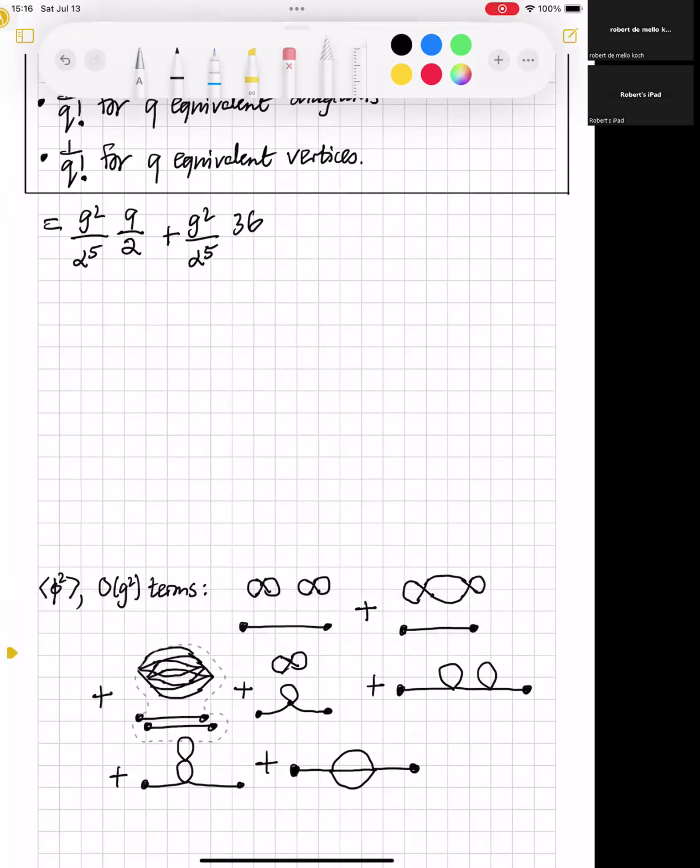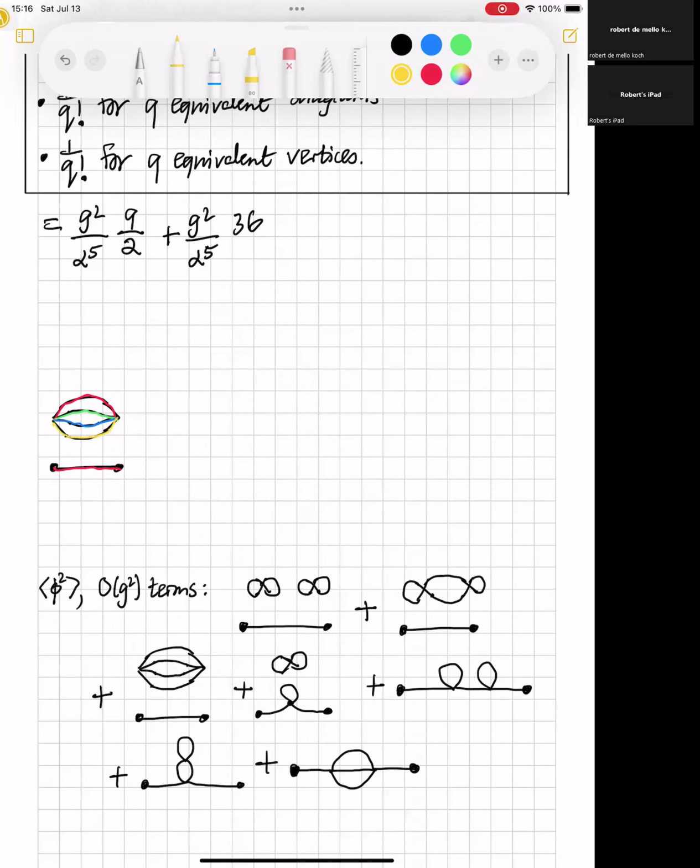Okay, good. Okay, so let's see what this is equal to. So first of all, how many lines are there? So let's check. So here we've got 1, 2, 3, 4, 5.